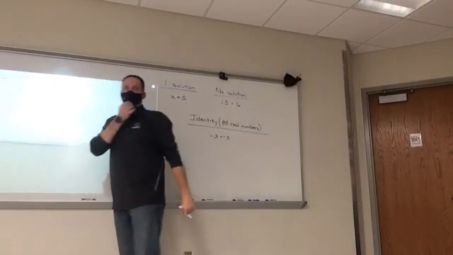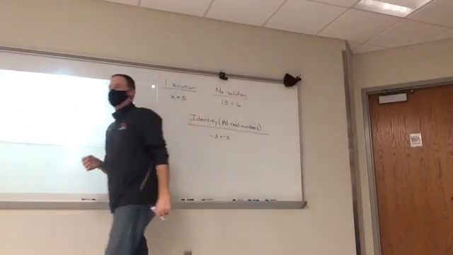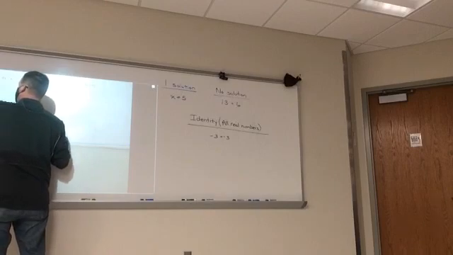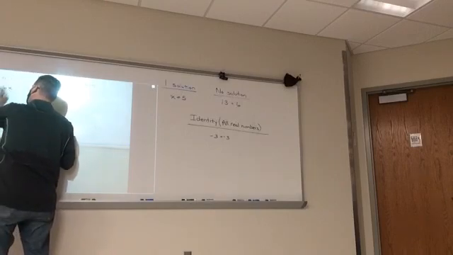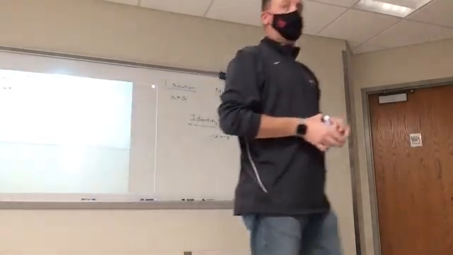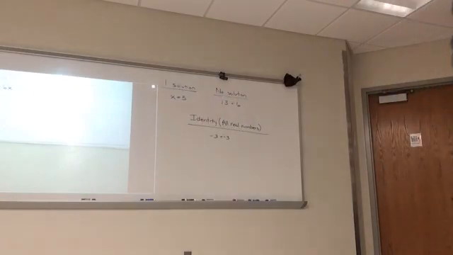Alright, so if we distribute, 3 times 2x is going to give us what? 6x. Plus 3 times 1, which is going to give us 3. Equals, and the other side is just going to be 6x. Now, can we do any more simplifying?